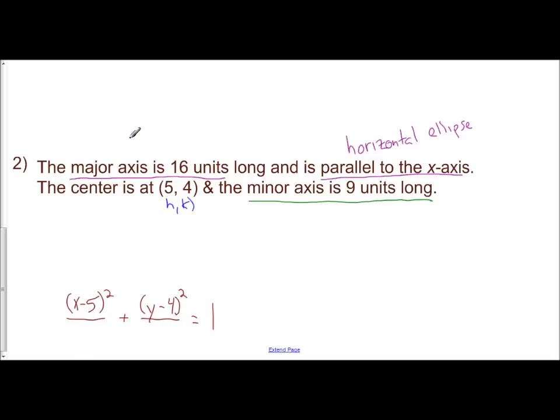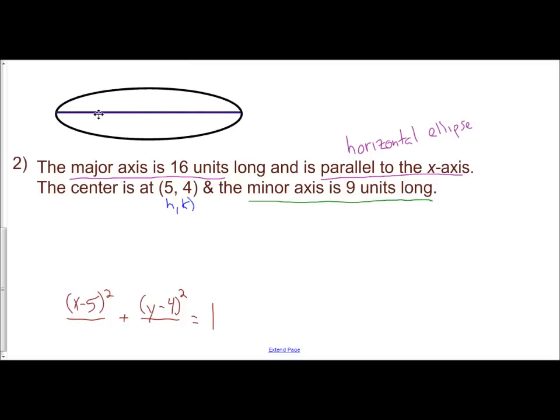If we were to think about a regular old ellipse, and I can sketch one for us, the major axis for a horizontal ellipse is the distance from vertex to vertex, for this example, on the horizontal.